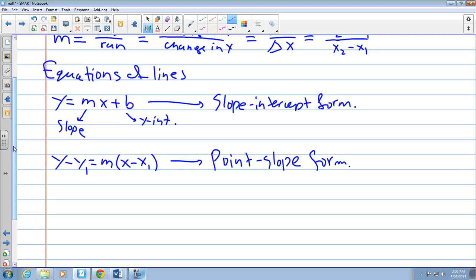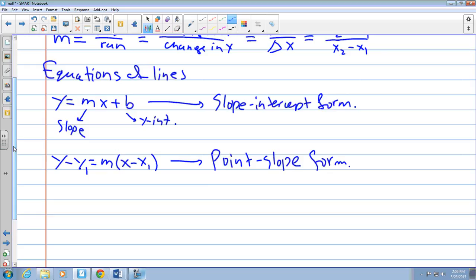So if you have a point, any point on the line, and you have a slope, the easiest thing to do is to plug them all in here and simplify and make it look like that. Okay? You with me on this?